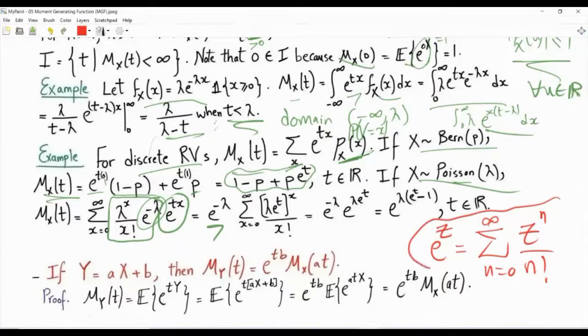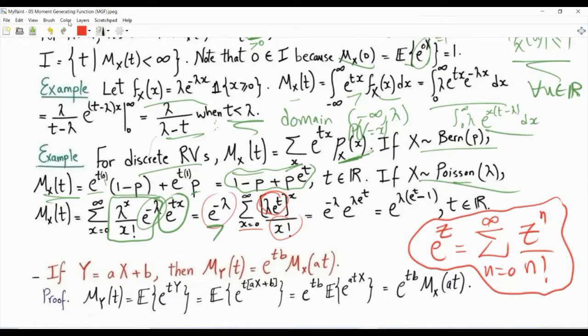Okay, so e to the z is the summation n from 0 to infinity of z to the n over the factorial of n. And so the summation here, from small x equals 0 to infinity, has factorial of x in the denominator. In the numerator we have lambda e to the t to the power x. So basically this is e to the power of this thing. So it is e to the lambda e to the t.